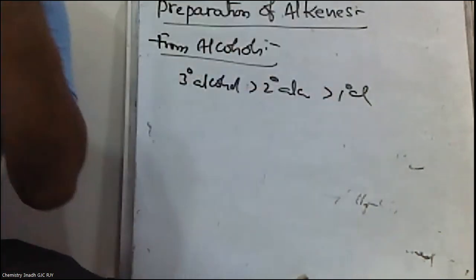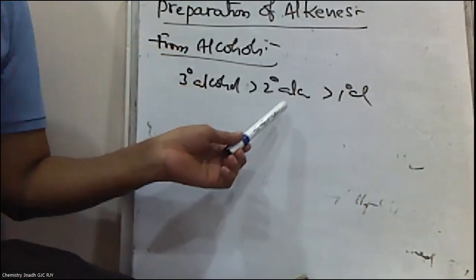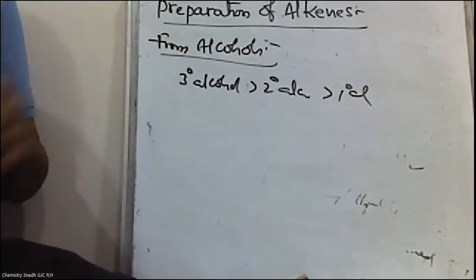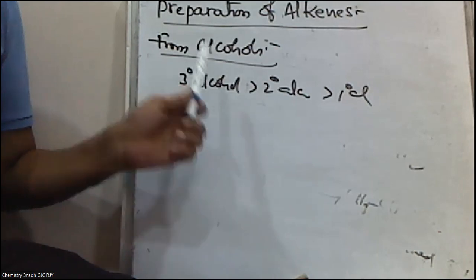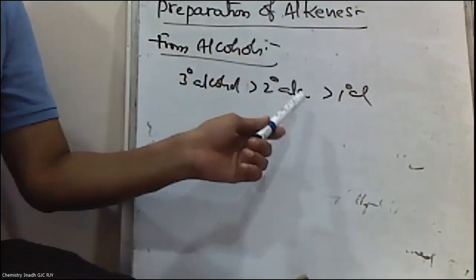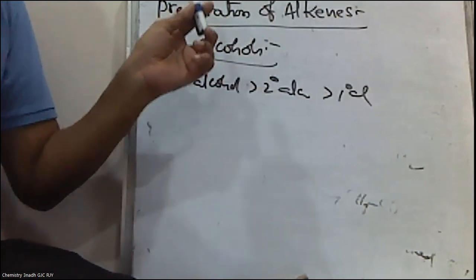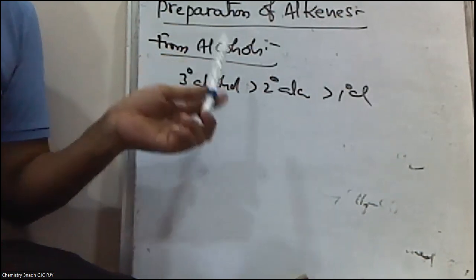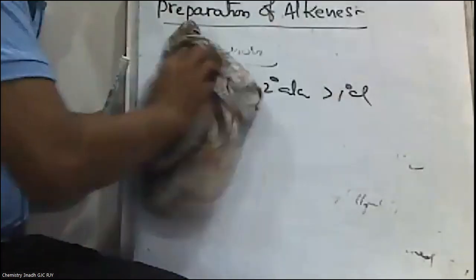If attached to a primary carbon, primary alcohols. So this is the second method, from alcohols.